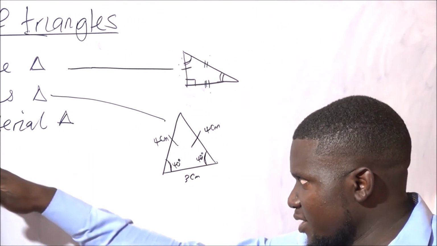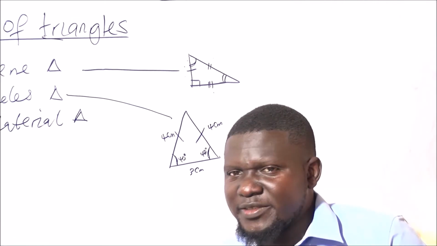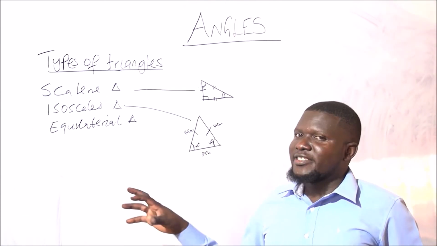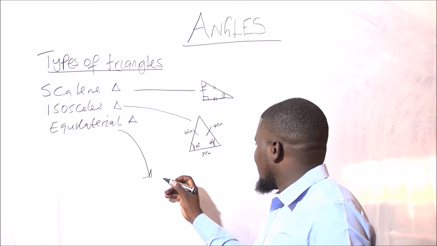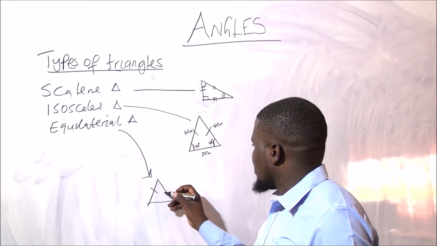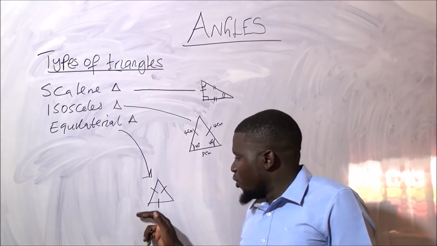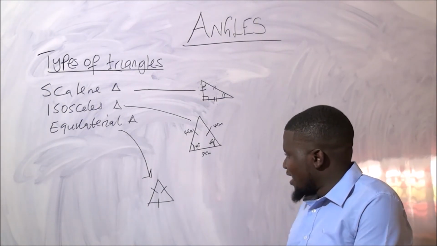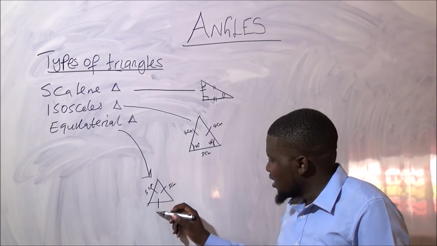Lastly, we discuss the equilateral triangle. It is a shape which has all the sides equal to each other, and this is how the shape looks. The amazing point about the equilateral triangle is that all the sides are equal to each other, as well as the angles.